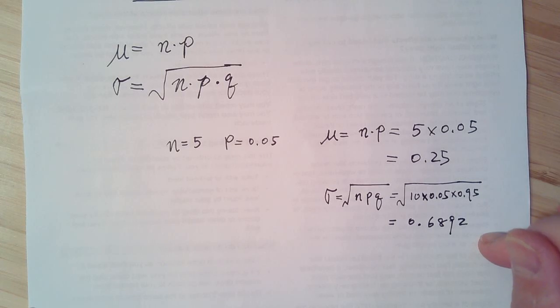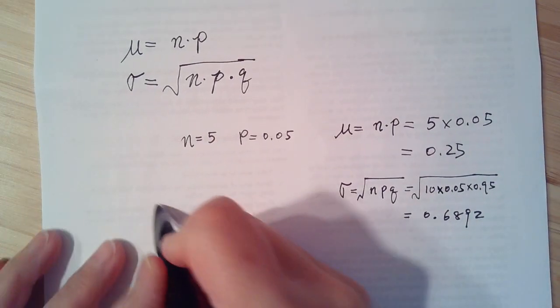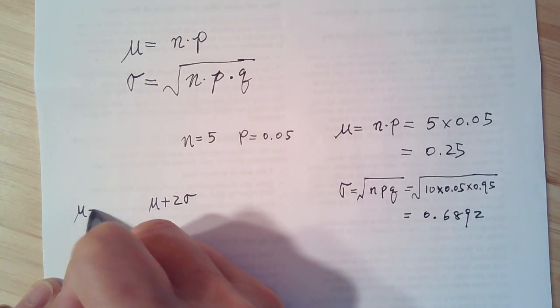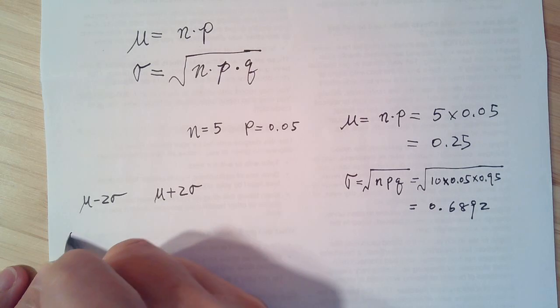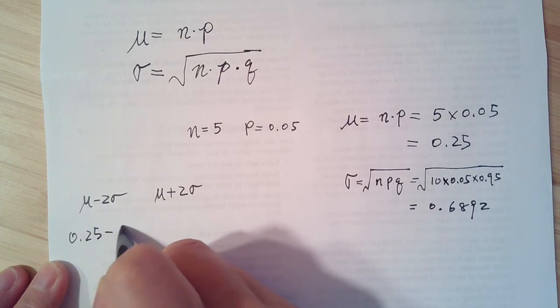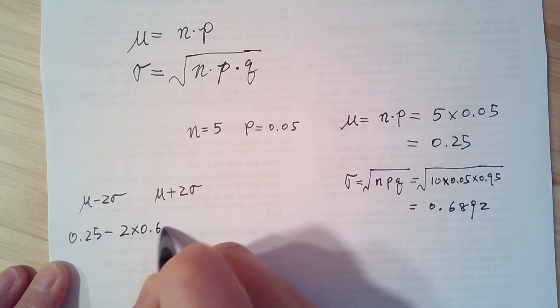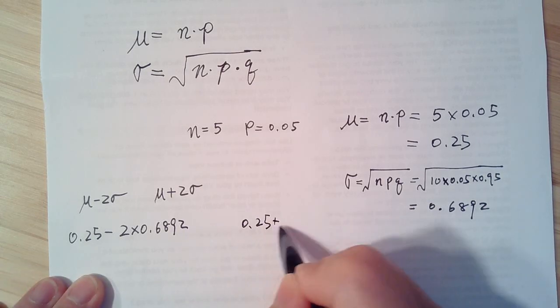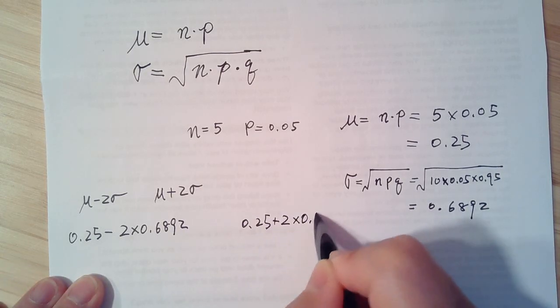Let's see, what is 2 standard deviations away? So mu plus 2 sigma, mu minus 2 sigma. That will be 0.25 minus 2 times 0.6892, and 0.25 plus 2 times 0.6892.